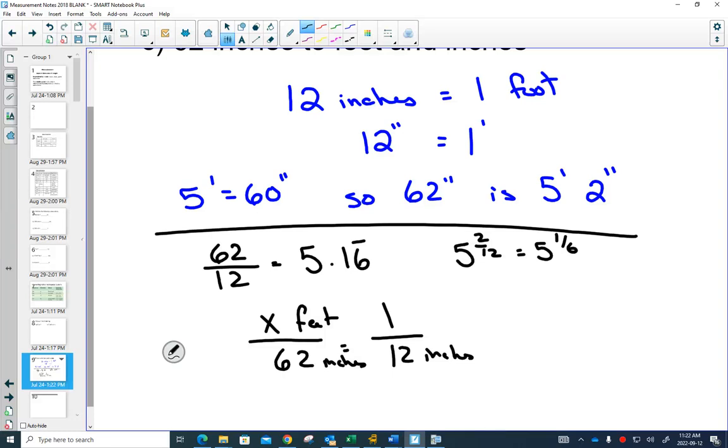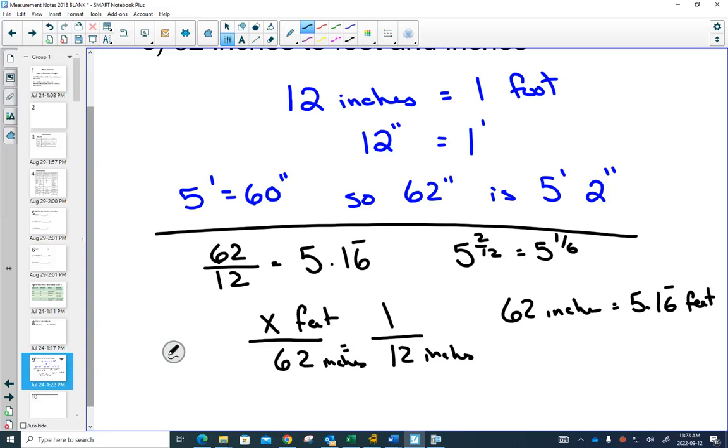Anyways, we converted 62 inches, so 62 inches is equal to 5.16 feet. What that decimal means is we have 5 full feet and then a bit left extra. How do we figure out what that bit left extra is?